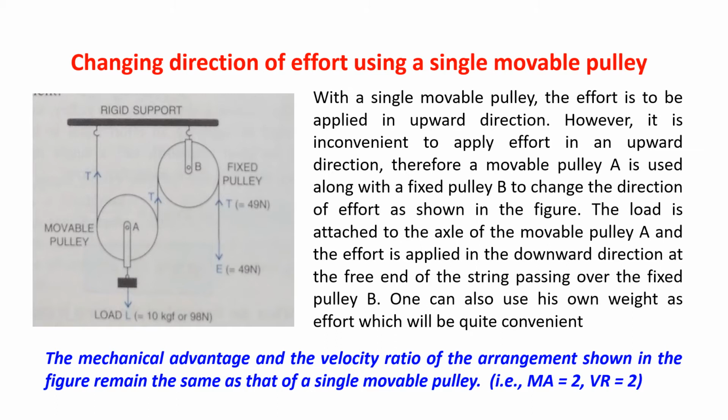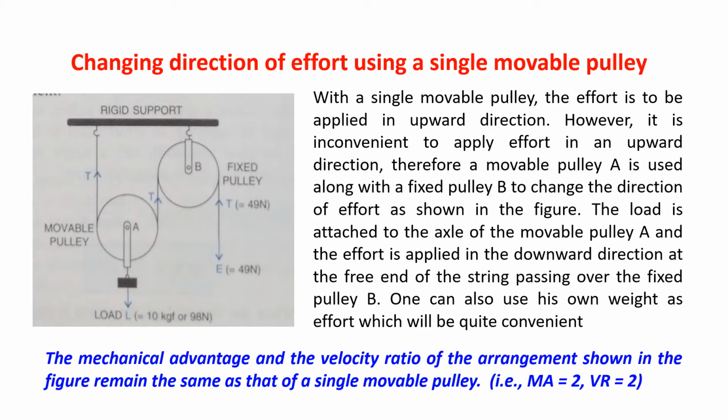So to make it convenient, what we are doing is fixing a single fixed pulley with a single movable pulley. As you know, a single fixed pulley does not change the mechanical advantage. A single fixed pulley is only used to change the direction of the effort.